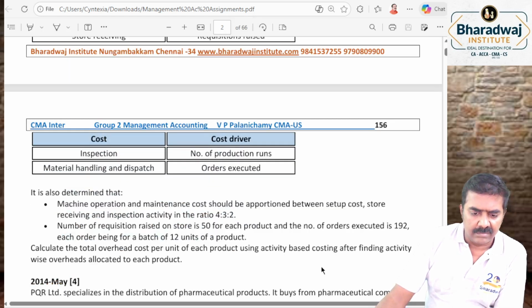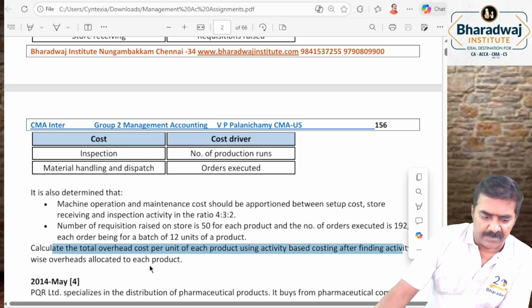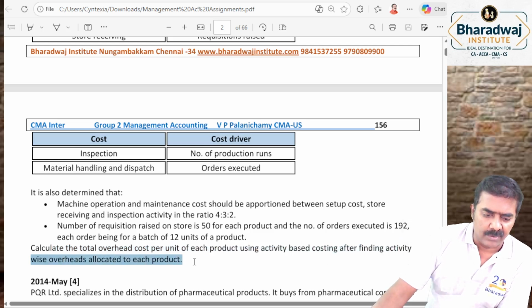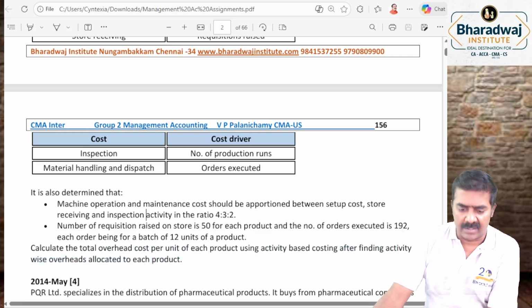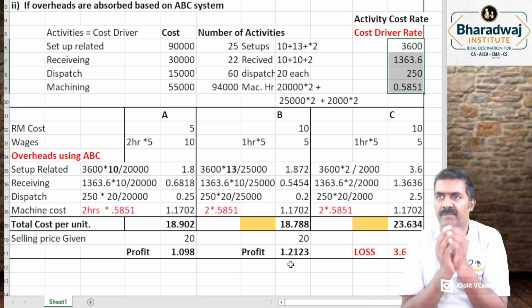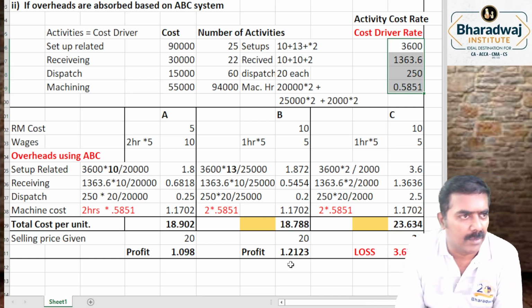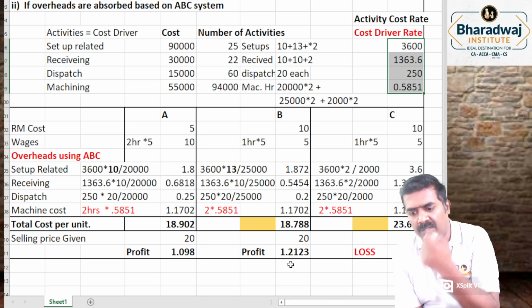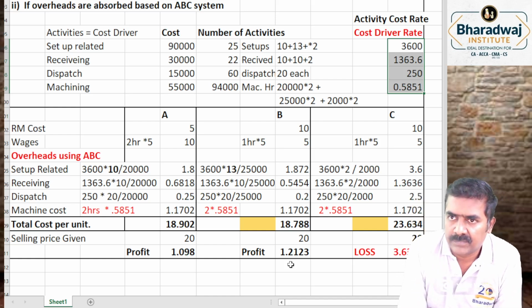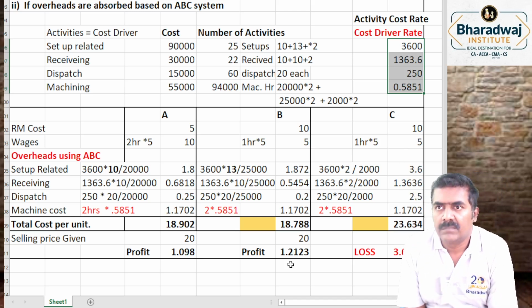Then they would have asked you to find the total overhead cost using the activity-based costing system after finding the activity-wise overhead rate allocated for each product. Once we solve about 5 to 10 questions in class, you will be comfortable solving about any question. So ensure to bring calculators next class so that it will be faster and better. We'll stop for the day.